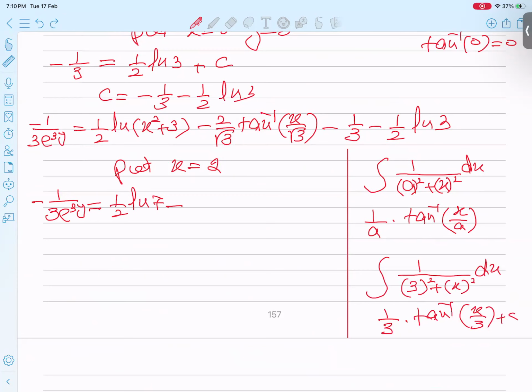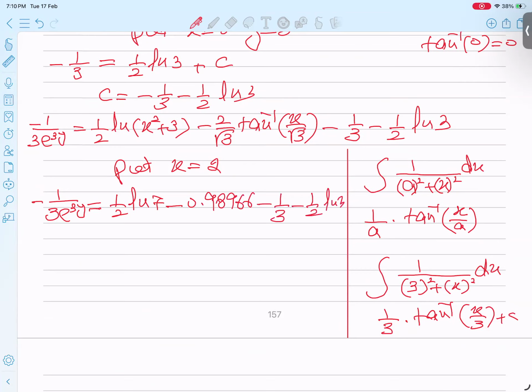So when I type in tan inverse of 2 divided by root 3, I'm getting some number, and that value is multiplied by 2 and divided by root 3. So I'm getting this value, simple and clear, 0.98966, and the rest of the values I'm just copying as they are.